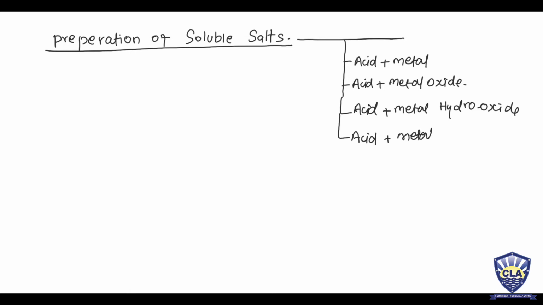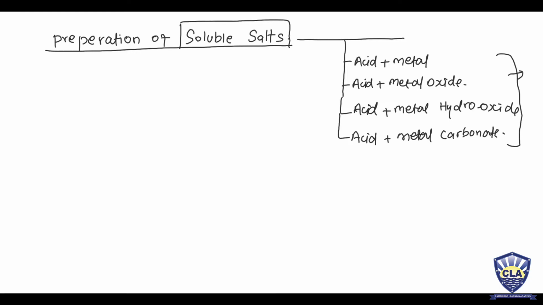So these are the 4 reactions of acids. When they react together, as a result, salt is formed, and the salt formed is always the soluble salt. Keep that in mind.